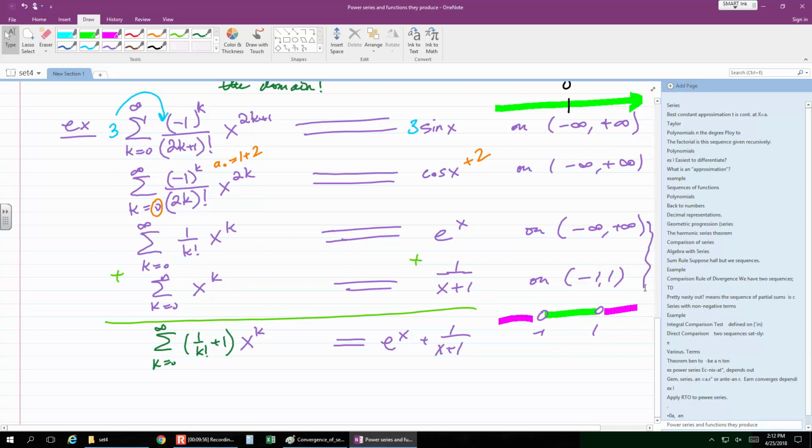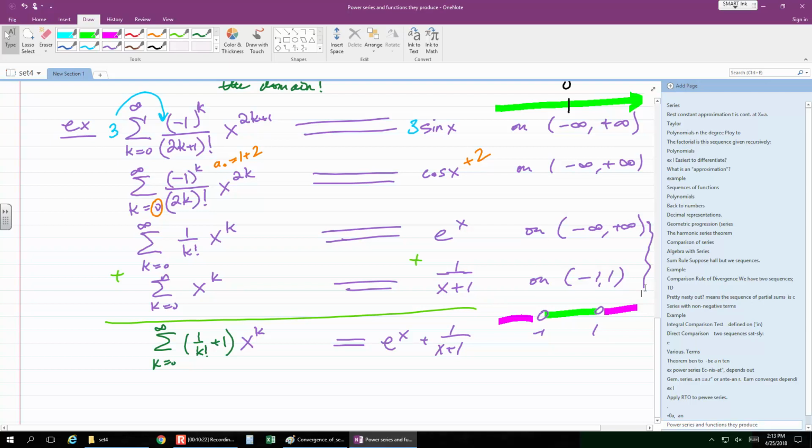The bigger or the smaller? Guesses? The smaller one? The smaller one.